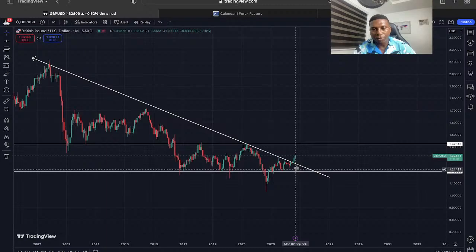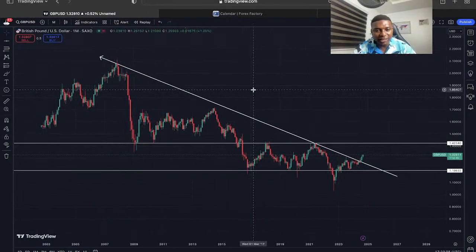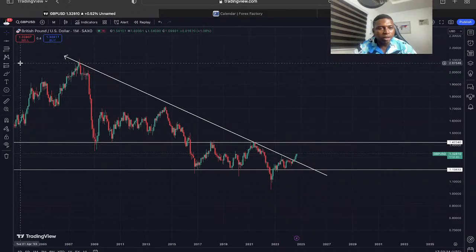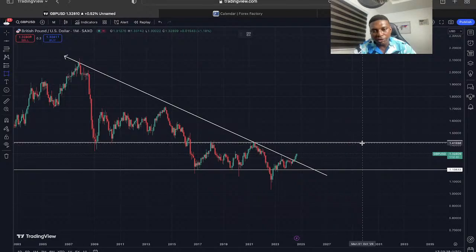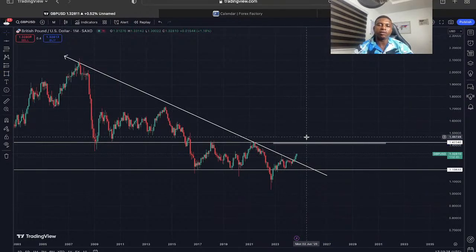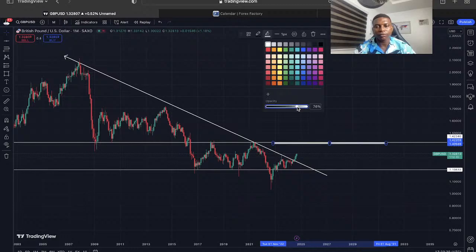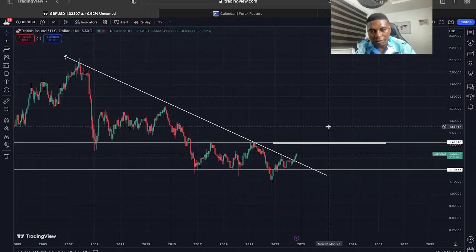From what we can see here, it's clear that the price is targeting a very interesting level, which is this level. Price is targeting this level from here.